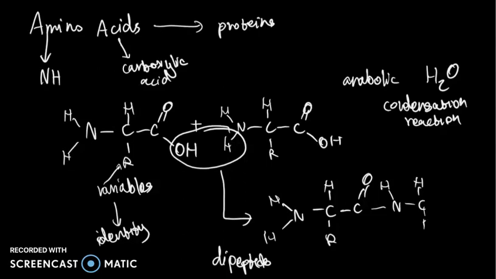This is what the new structure is going to look like. And what we have here is something we call the peptide bond. The peptide bond is going to be linked with the rightmost carbon and the leftmost nitrogen. So that's how you remember where the peptide bonds are going to be.